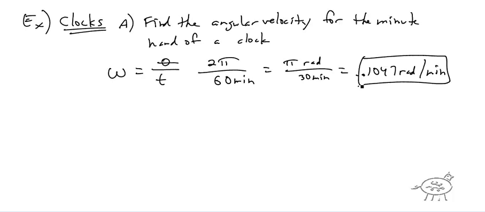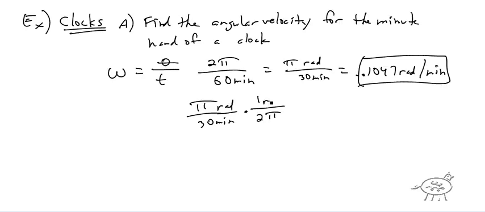It's not too bad. And of course, if I ask you for revolutions per minute, one revolution is 2 pi radians, so you could just do the conversion. You could multiply pi radians per 30 minutes by 1 revolution per 2 pi radians.